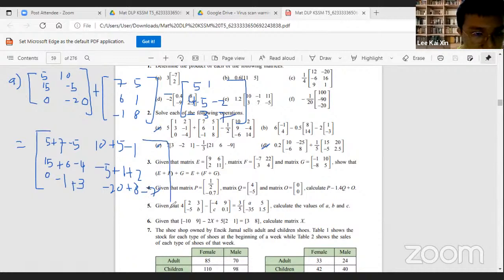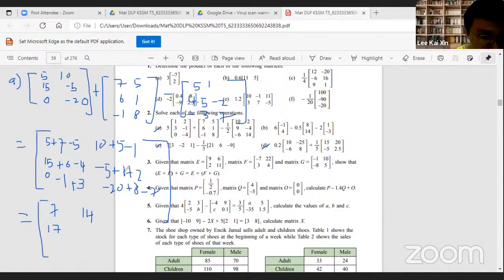So what answer will you get? This one is 7, sorry, I said 5 but this one is 7. And then this one you should get 14. And this one it will get 17.